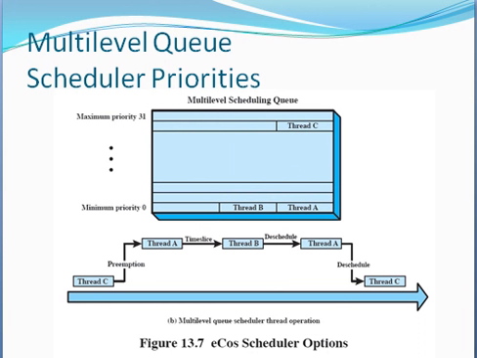Next is the multi-level queue scheduler priorities. As with the bitmap scheduler, the multi-level queue scheduler supports up to 32 priority levels. The multi-level queue scheduler allows for multiple active threads at each priority level, limited only by system resources. This figure illustrates the nature of the multi-level queue scheduler.